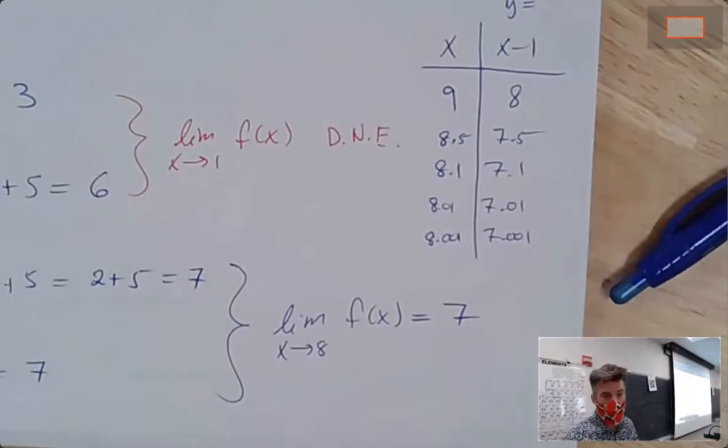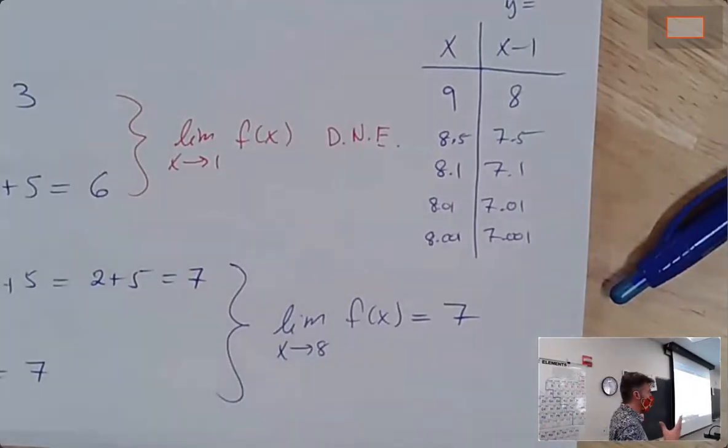So you can see as we approach 1 from the left, the y values get closer and closer to 3. They don't actually get to 3, right? Because you can't actually plug in 1 for that first piece.